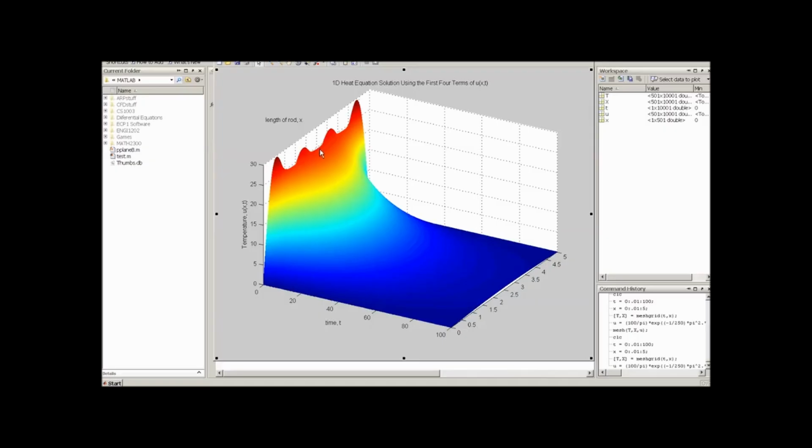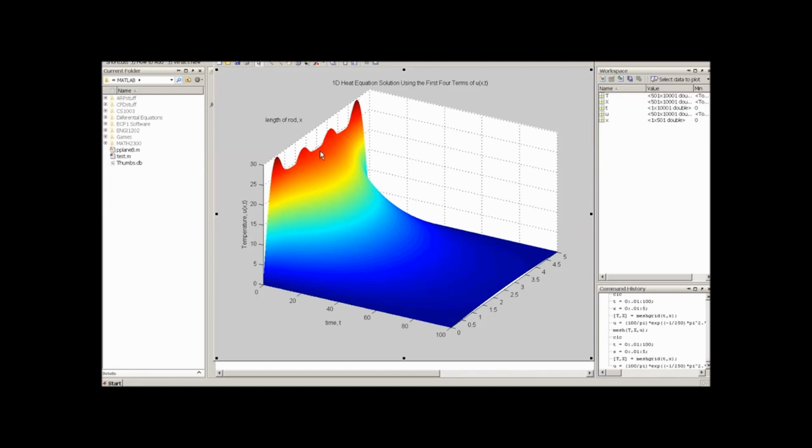Now, let's say you look at the center of the rod. When you slide down the surface, you are a point on the rod moving forward in time. At t equals 0, your temperature is 25 degrees, our initial condition.